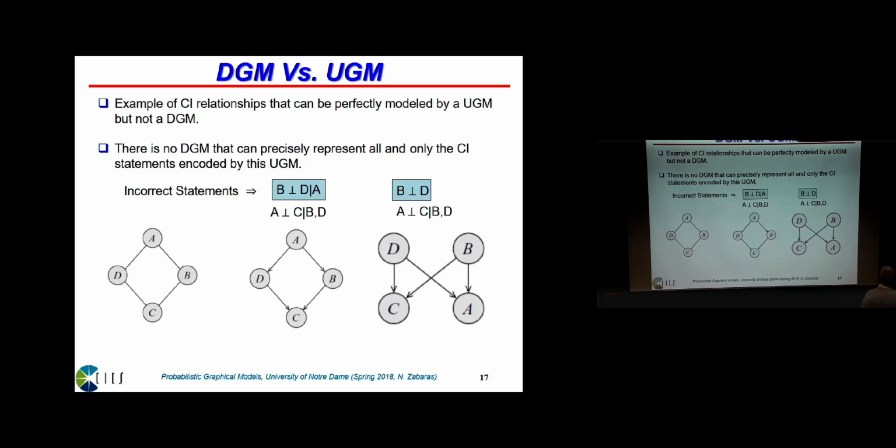Let's look at this graph. We satisfy that, given B and D, A and C are independent. So this is the same relation as there. Let's concentrate on this independence relation that says that given nothing, B is independent of D. Why is that?